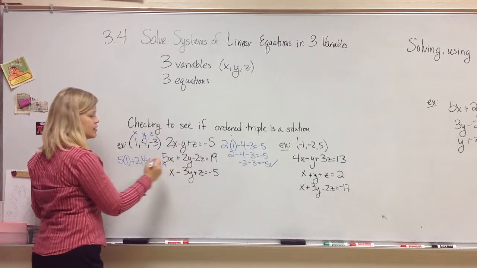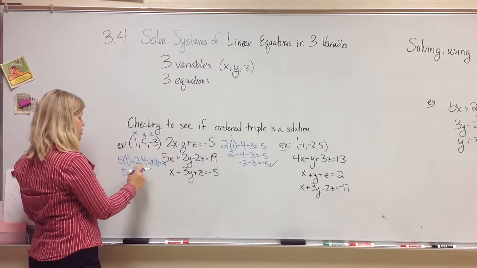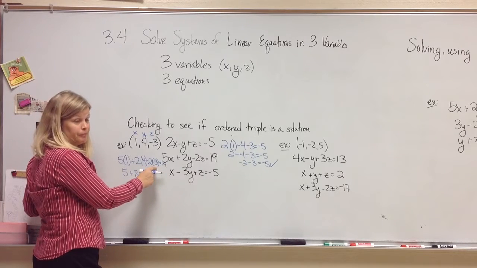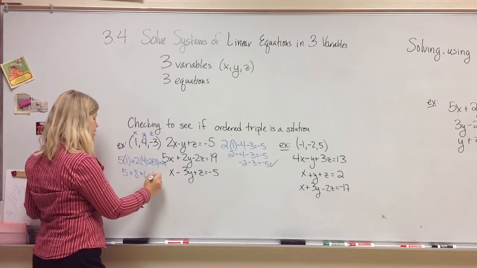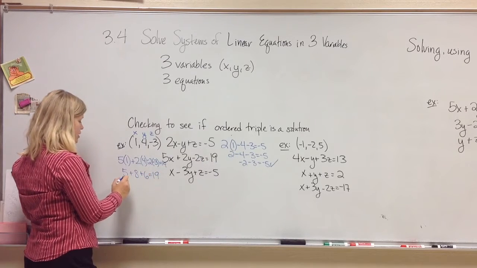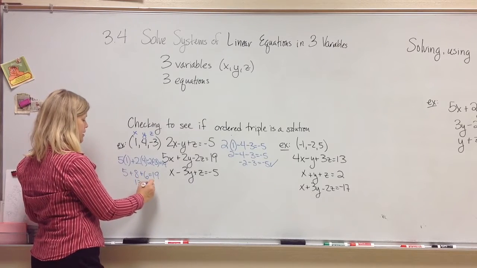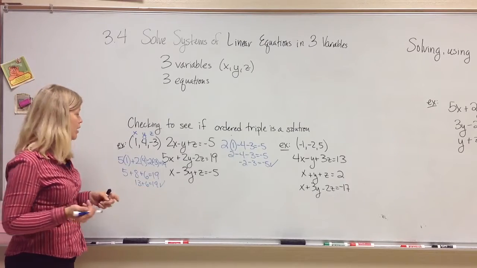And we're thinking it's going to be 19. So let's see. 5 times 1 is 5. 2 times 4 is 8. -2 times -3. This could be tricky. Think about your signs. Yes, it's plus 6. Now, is 5 plus 8 plus 6 equal to 19? Well, let's see. 13 plus 6 equals 19. Yep, it's a solution for that as well.